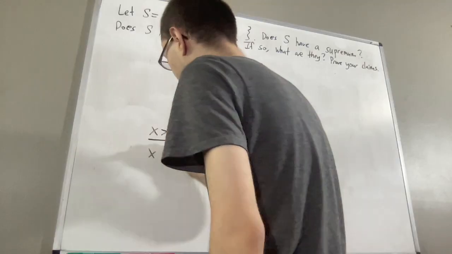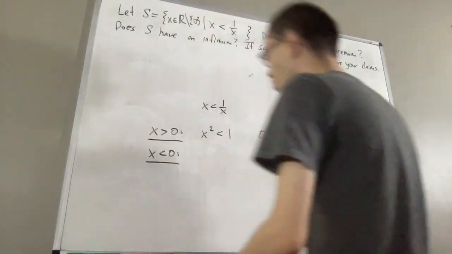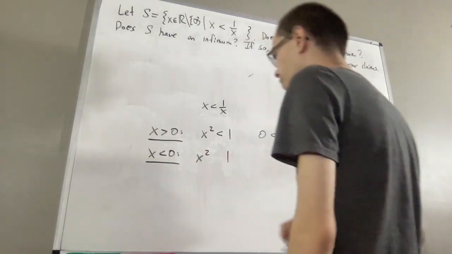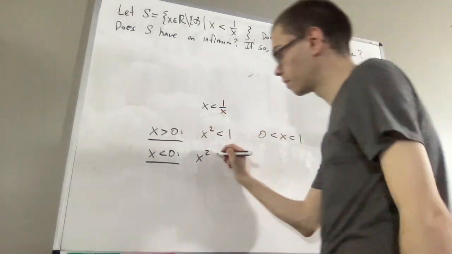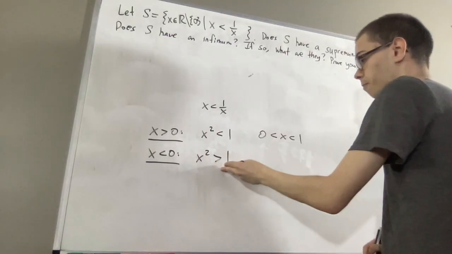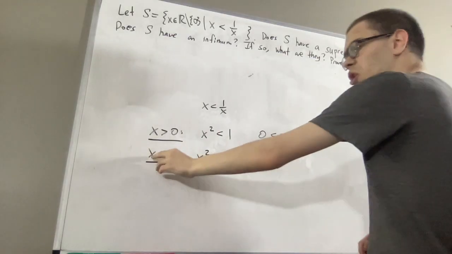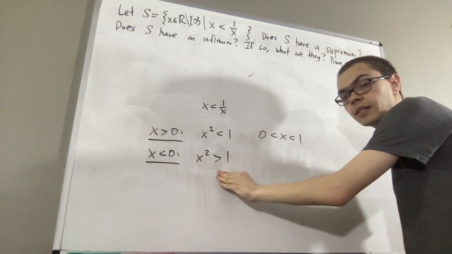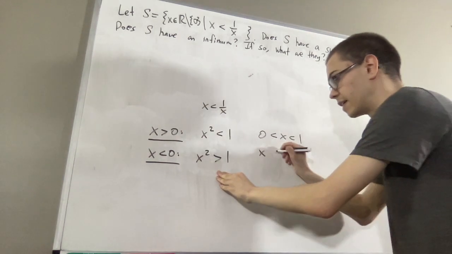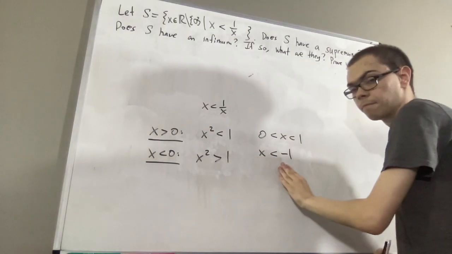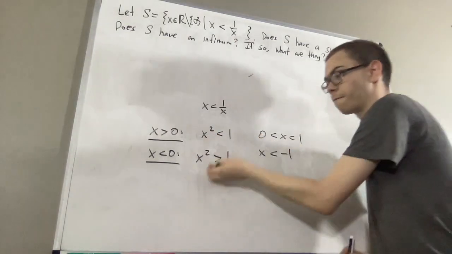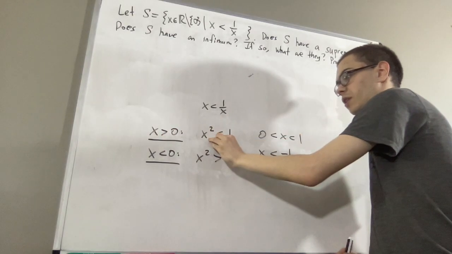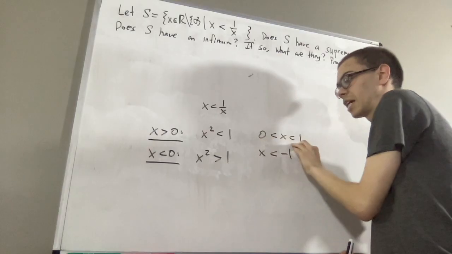So then what happens when x is less than 0? Well, then when we multiply x on both sides of this inequality, we get x squared and 1, but the sign of the inequality flips. We get x squared is greater than 1. And as long as x is less than 0, well, then this happens exactly when x is less than -1. If you just visualize the graph of y equals x squared, when x is positive and x squared is less than 1, that happens exactly when this happens.